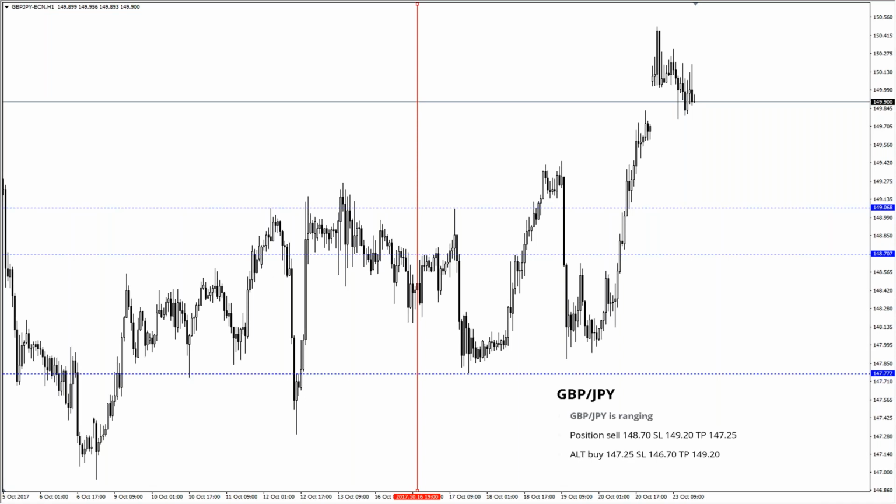This is my favorite pair out of all Forex pairs, and it has been my favorite for the last year. All this year, pound yen has been giving us a lot of setups, and definitely it deserves the nickname of a dragon. This is the dragon, and this is a great setup that we had for the previous week.